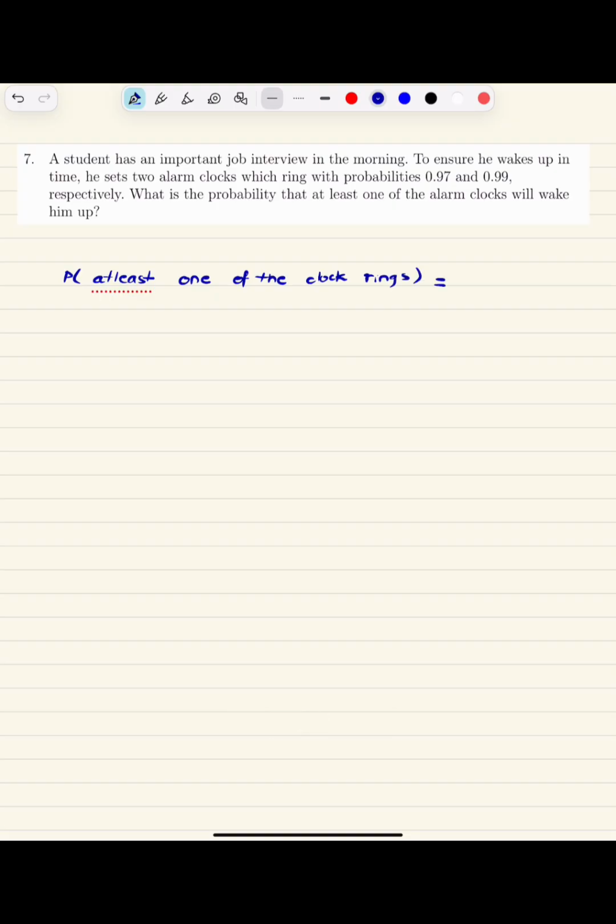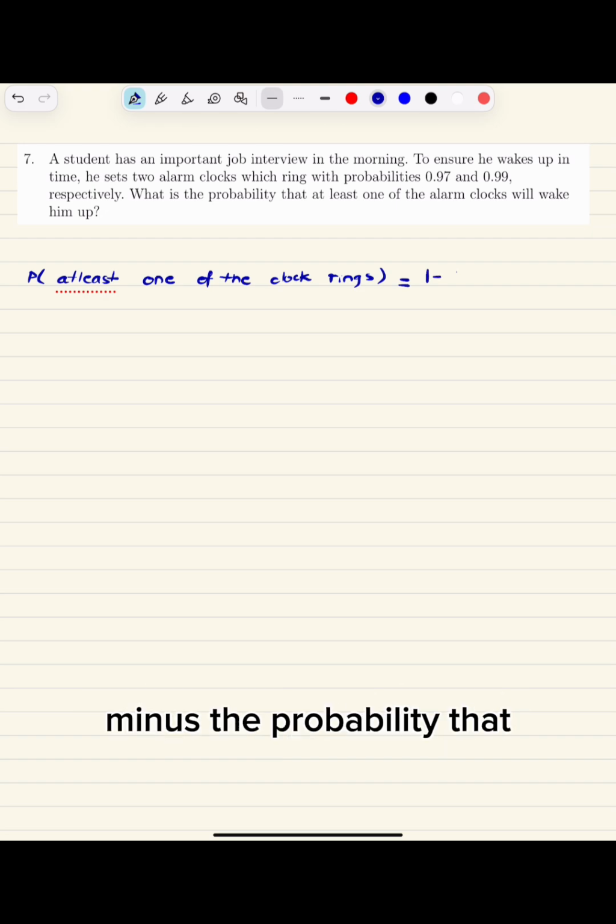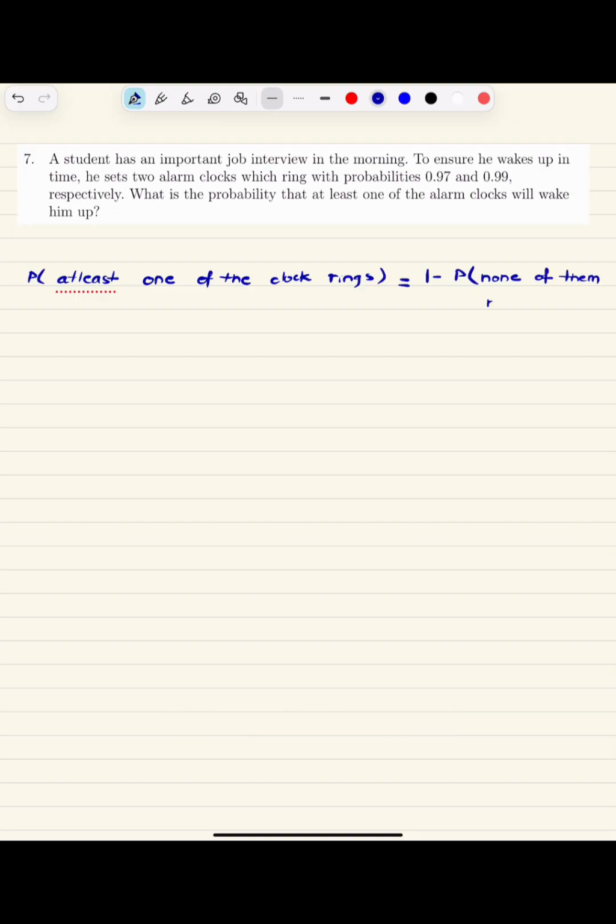So again, if I use my technique, I would just do 1 minus the probability that none of them ring.